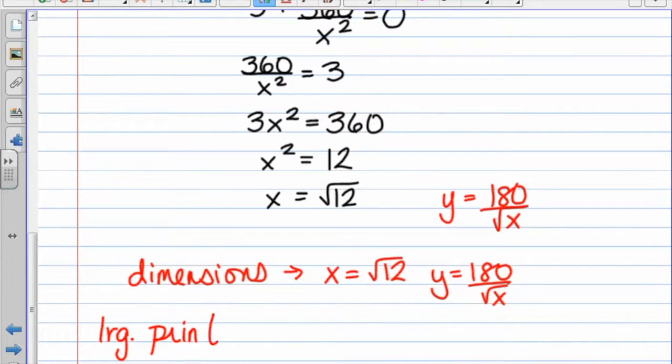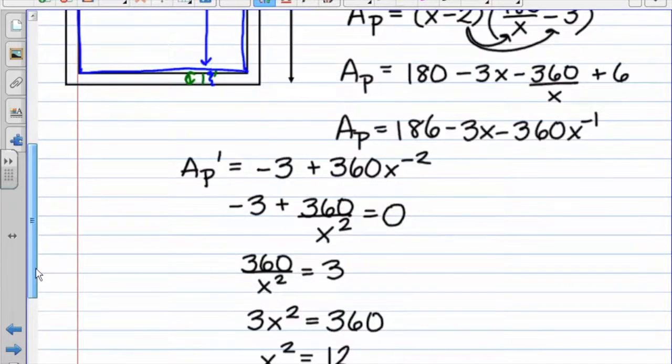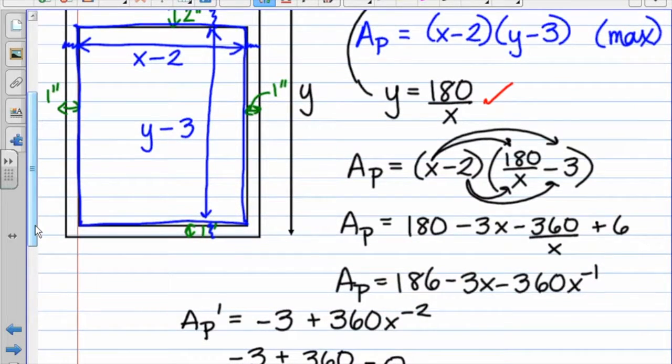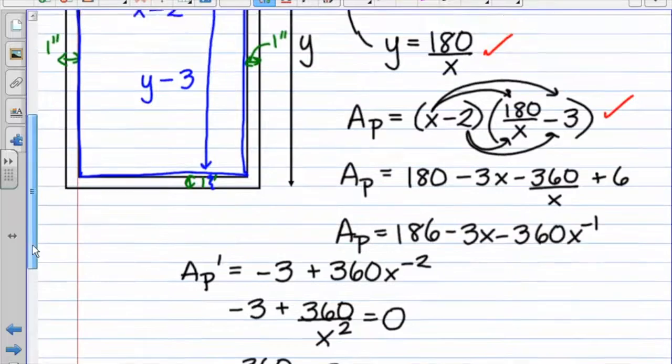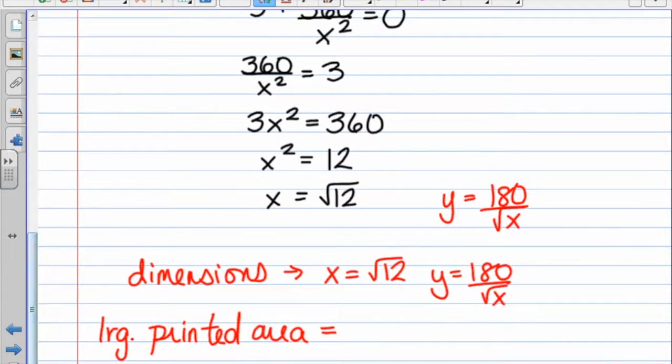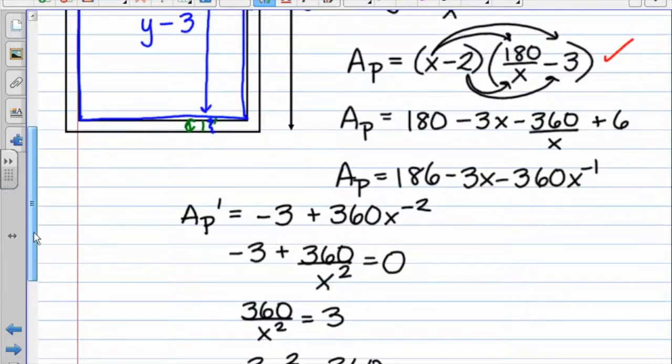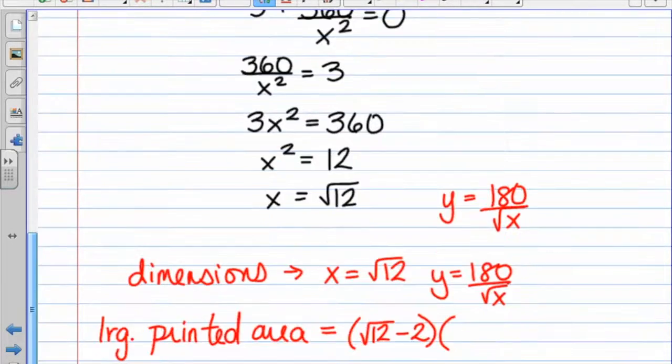But now it doesn't ask for this, but I just want to be clear. They were asking for the dimensions here, but if they wanted the largest printed area, you would have to use that printed area equation and plug in the dimensions you got. But you do have to make sure, what is the question asking for?